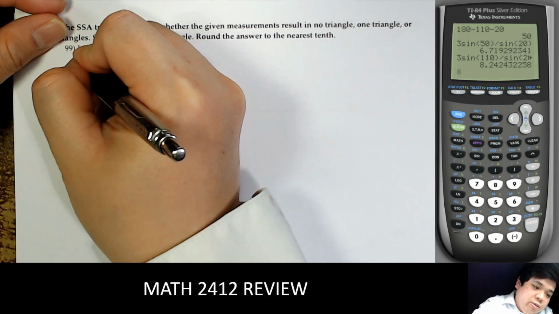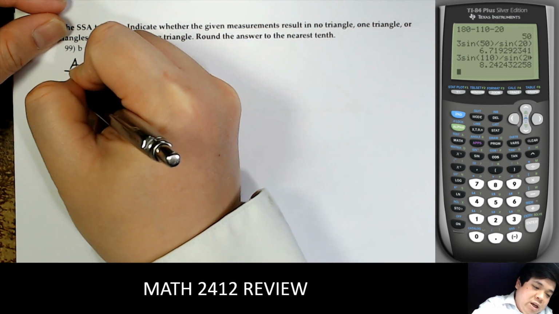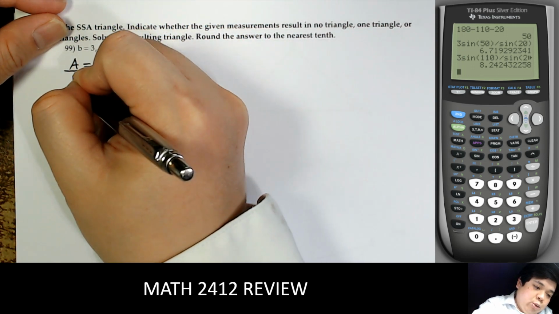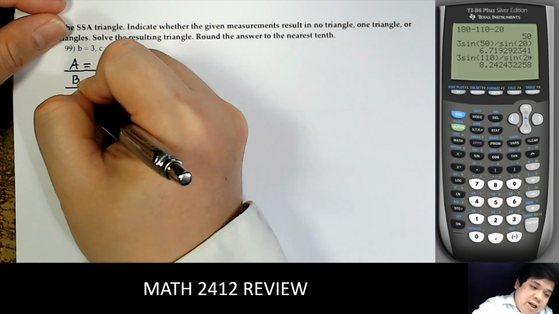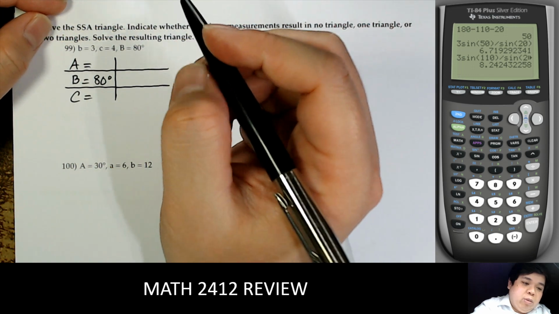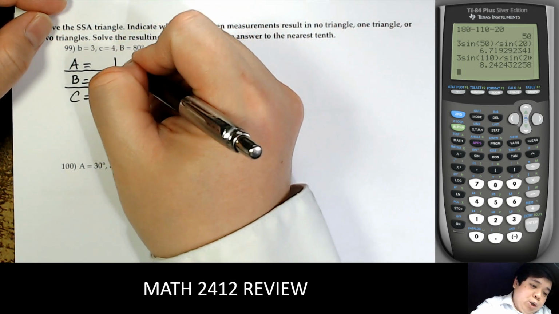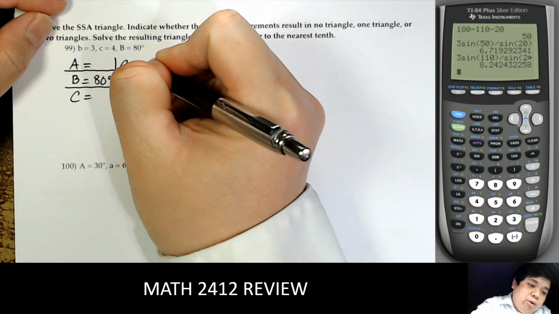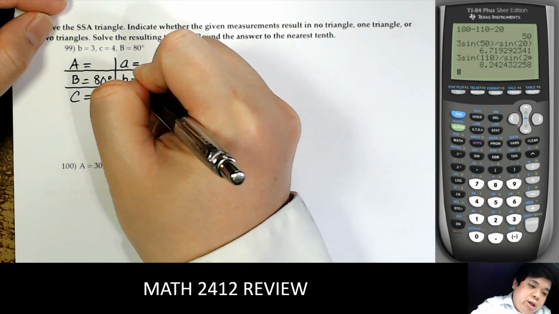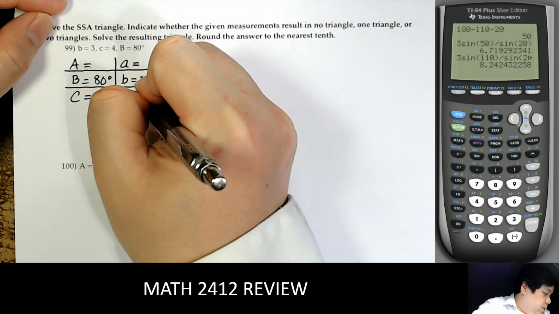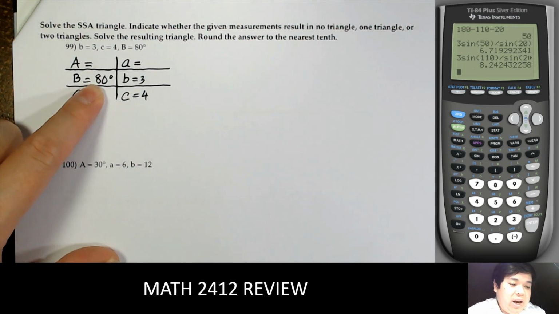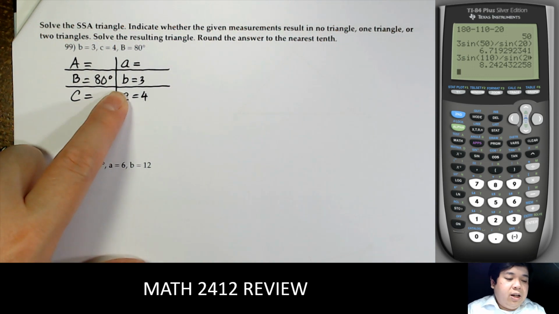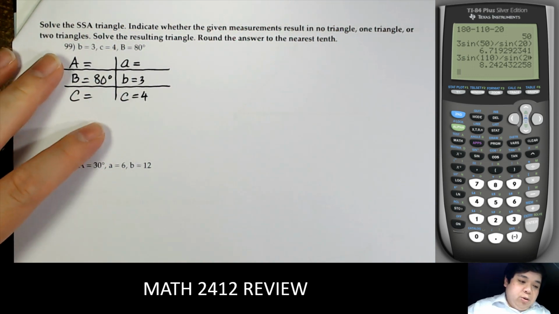Angle A we don't know. B, actually we do know, B is 80 degrees, and C we don't know. Little a we don't know, little b is 3, and little c is 4. So we have one angle, two sides, and the angle opposite to a side.